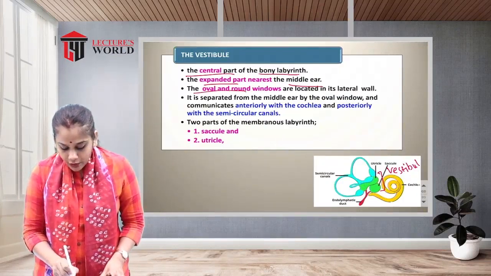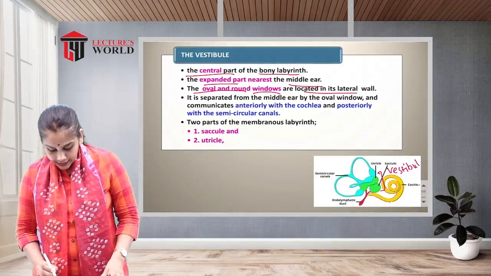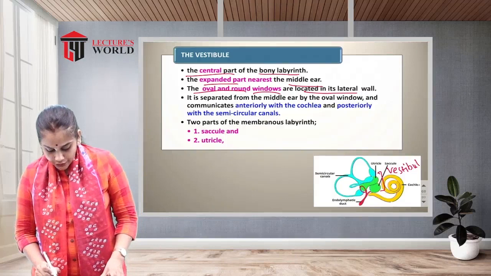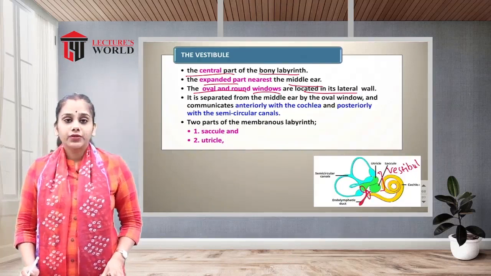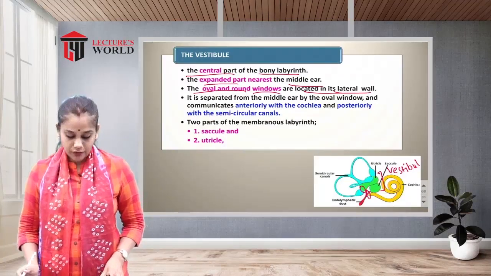The oval and round windows are located in the lateral wall of the vestibule.